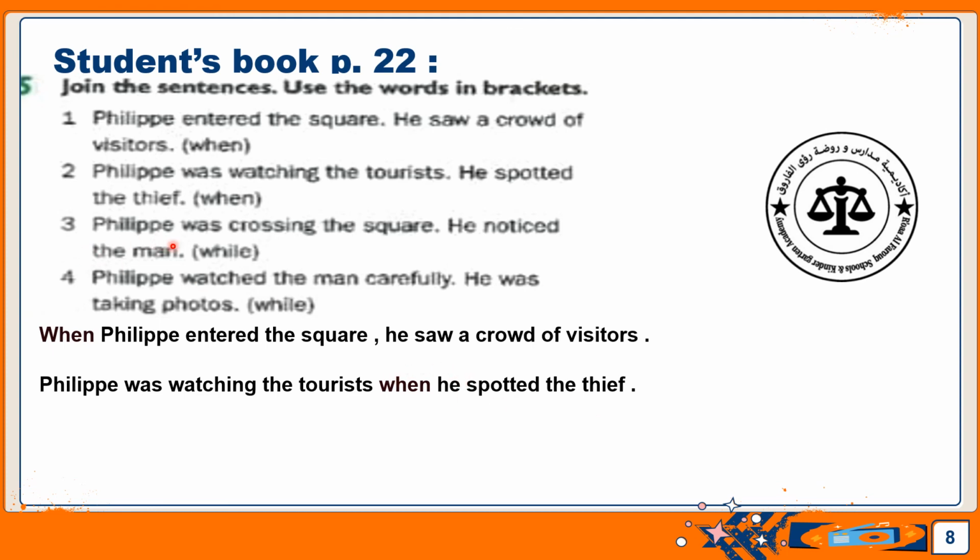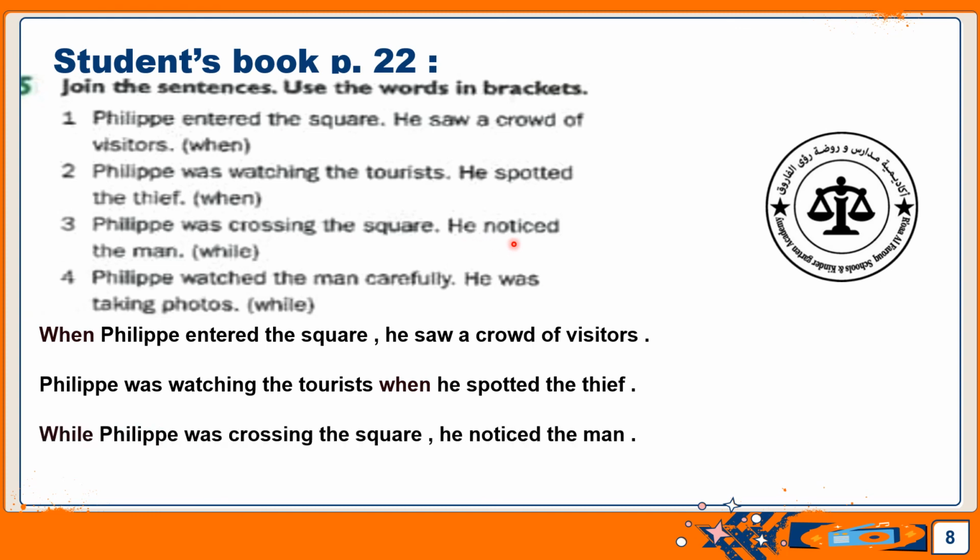Number 3. Philip was crossing the square. He noticed the man. We have while. Where is the past continuous sentence? Excellent, the first sentence. Then we put comma and complete the sentence as we see here. While Philip was crossing the square, he noticed the man.